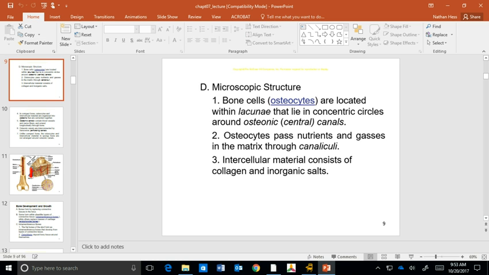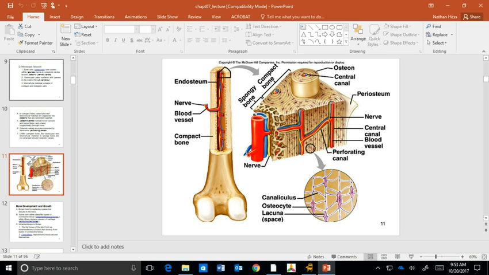So those little lacunae are arranged in a cylindrical arrangement like this. And what do we call those cylinders? Those are osteons. And can you see that we put a bunch of those together to make that compact bone? Here's a little circle, these little osteons together.